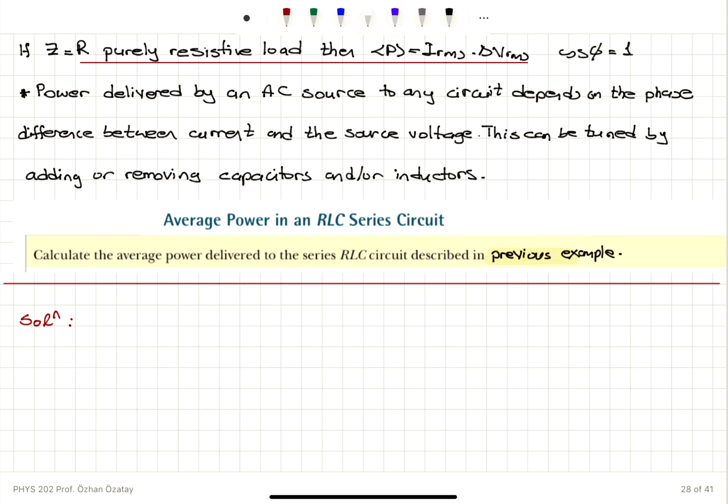Okay, let's look at an example. Calculate the average power delivered to the series RLC circuit described in the previous example. In the previous example, we had resistance R of 425 ohms. The inductance was 1.25 henries before we changed the design.